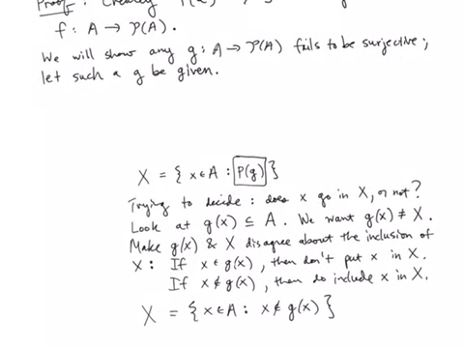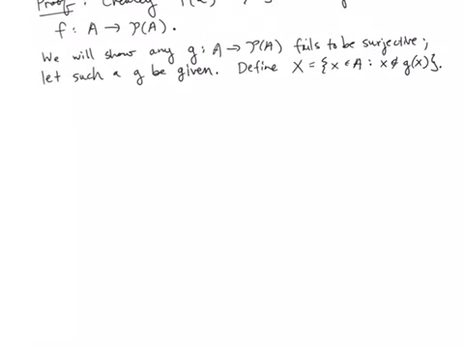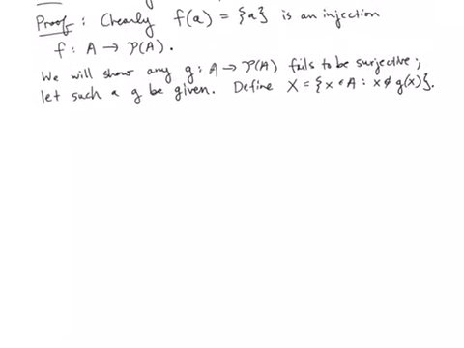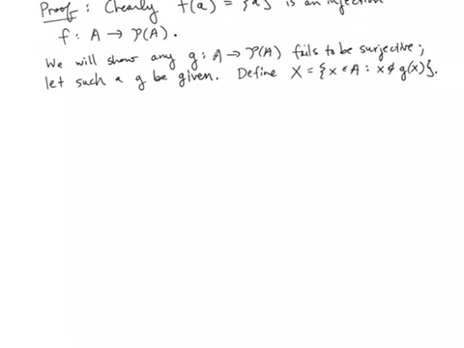Okay, so if we let G be given, define capital X to be the set of x in A such that x is not in G of x. And then remember what we're trying to do: we're trying to show that this capital X is not G of something, right?